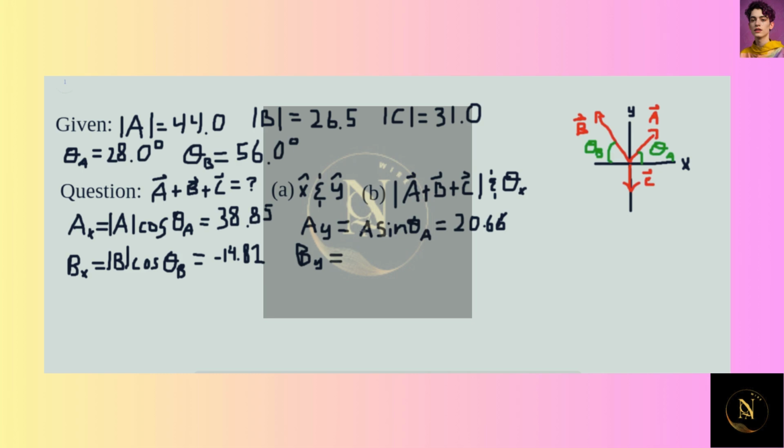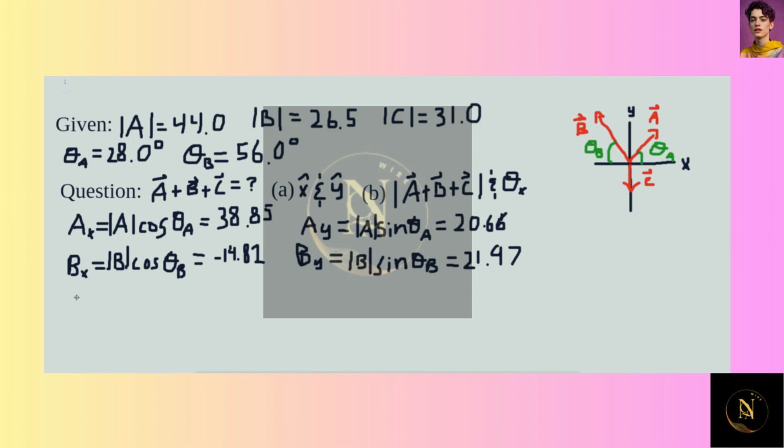Now we want the magnitude of B multiplied by, since we're dealing with y, the sine of theta B. This comes out to be 21.97. Indeed, it is in the positive y direction as expected.